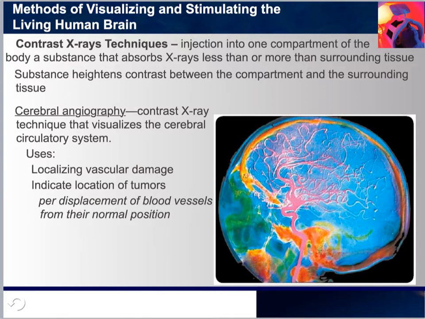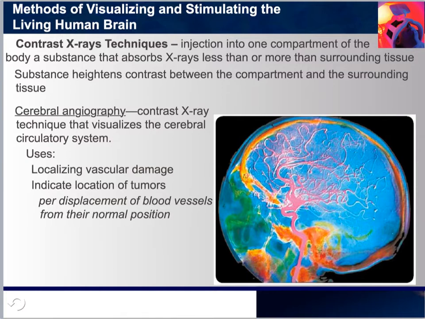And this allows the infusion of radio-opaque dye into a cerebral artery so that we can visualize the cerebral circulatory system during the X-ray photography. And here you have a very nice picture of what cerebral angiography looks like.